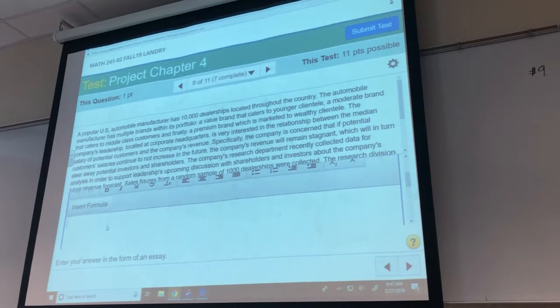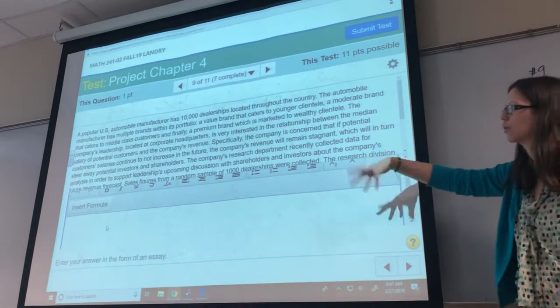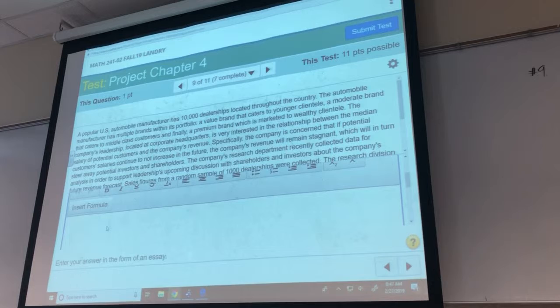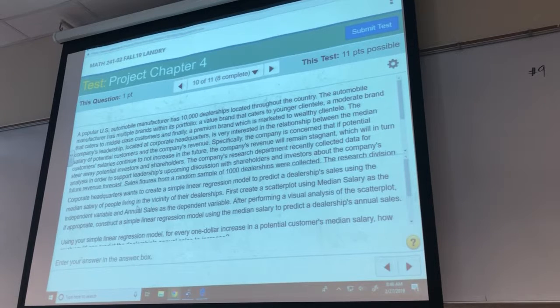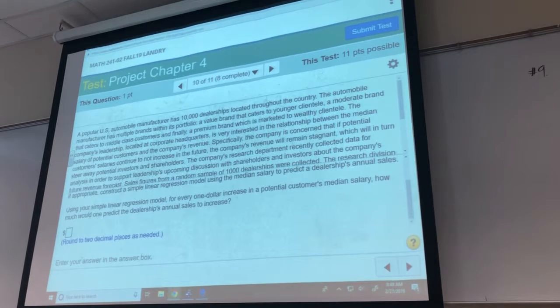But remember, you need to plug in a number for here, and you need to state what these variables are. So actually write it out in terms of what this is asking you for with your median salary and your annual sales. And then this one's going to be your slope.